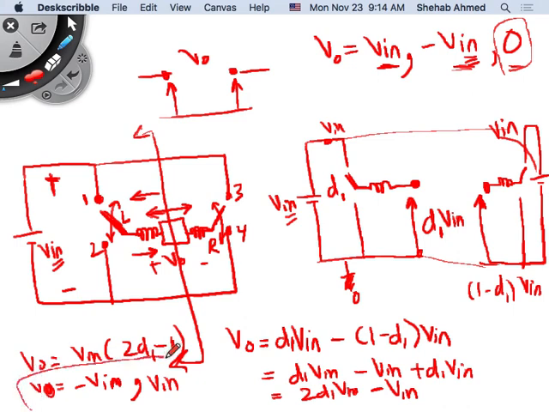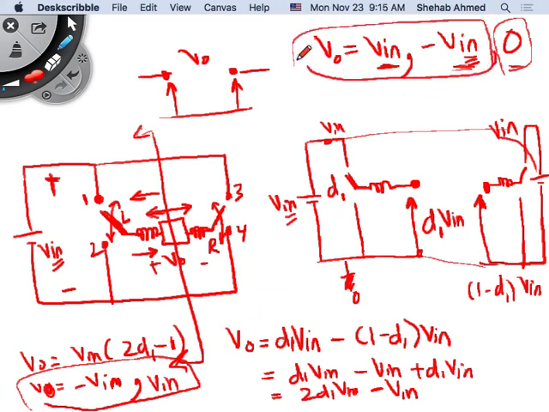So my V output will range between minus V in and V in, depending on the duty ratio, which confirms what we were talking about here with this flipping business, right? You can now derive it easily. So this is called the full bridge converter. The range of output voltage for the full bridge inverter is minus V input to V input, because I chose these to be complementary, right?